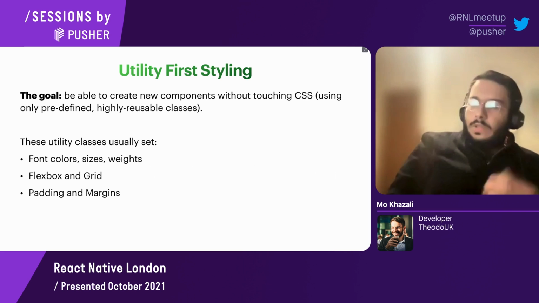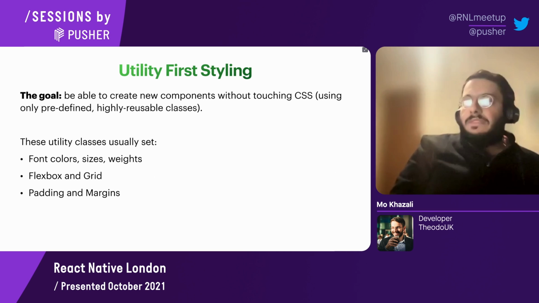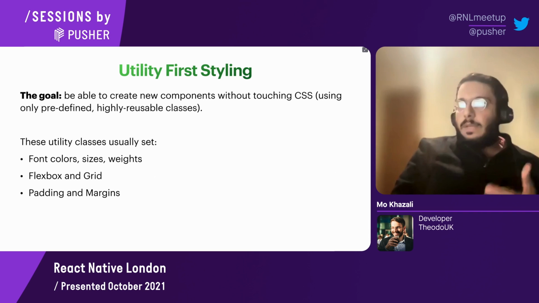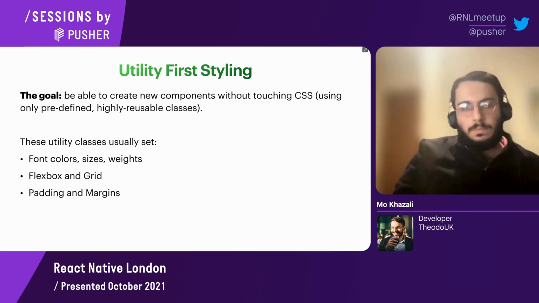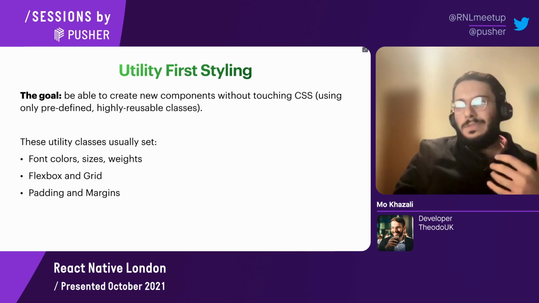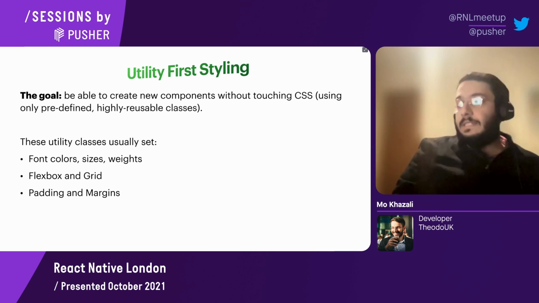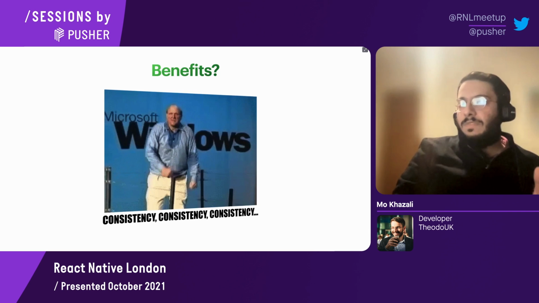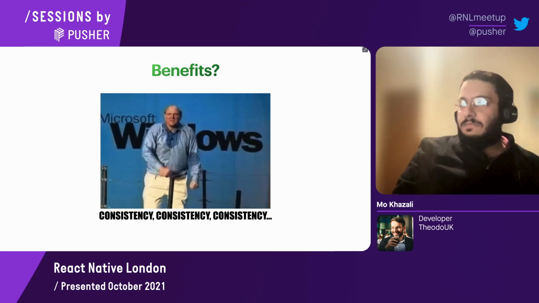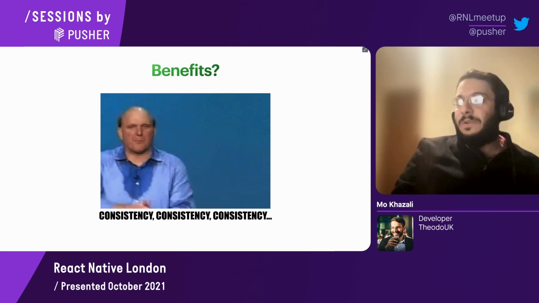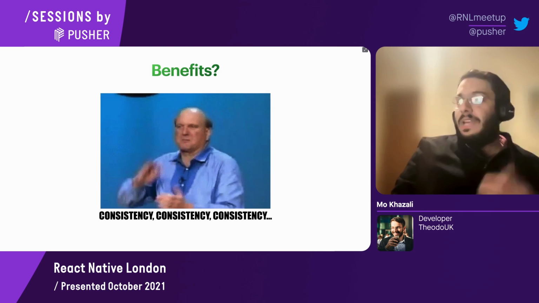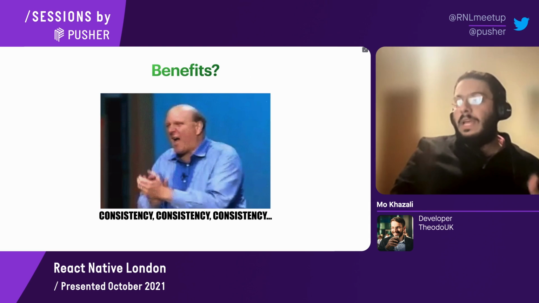So you might be thinking to yourself, what is the benefit to taking this approach as opposed to that separation of concerns approach? Well, I'm going to highlight two main ones, but there's a whole sort of literature on the internet if you want to go ahead and research some of the added benefits of taking this approach. But the main one that I want to focus on is consistency. And so we've got the Steve Ballmer developers GIF here. I really want to stress the consistency approach.